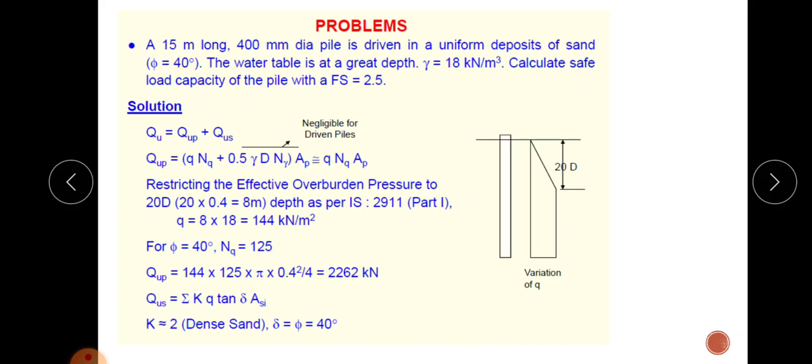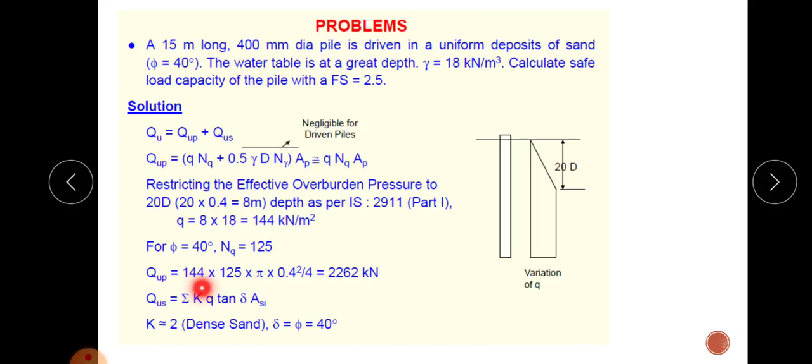So QP is equal to q into NQ into AP. q is equal to gamma into DF, that is gamma into this depth. Gamma is 18 kilonewton per meter cube, 18 into this depth of 8, that is 20 D. So 144.